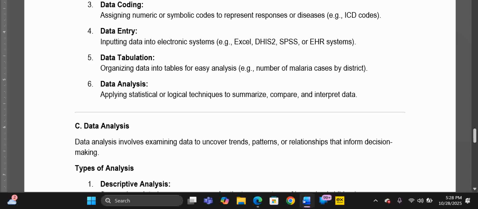And then we have data analysis, whereby we apply statistical or logical techniques to summarize, compare, and interpret data. So this is maybe whereby we convert information into certain percentages or proportions for easy understanding, a comparison in terms of percentage, if we may say, etc.